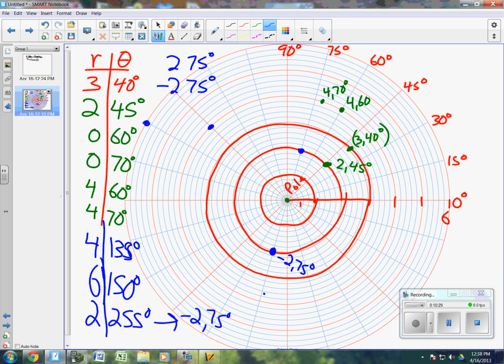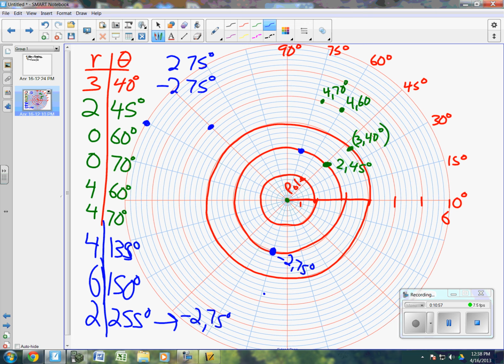Could it be 2 comma negative 75 degrees? No, because that would be over here. How could I get to it using a negative angle? This is 15 degrees away from the 90, so negative 105. Yes, 2 comma negative 105.